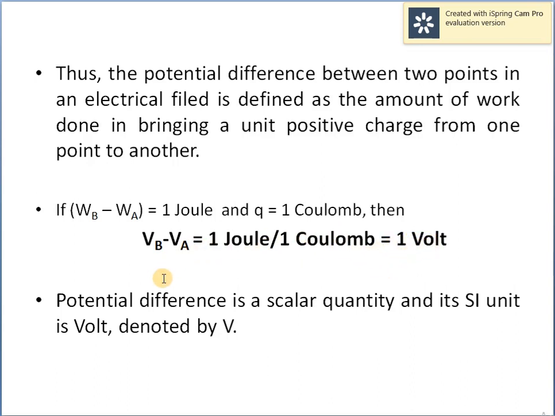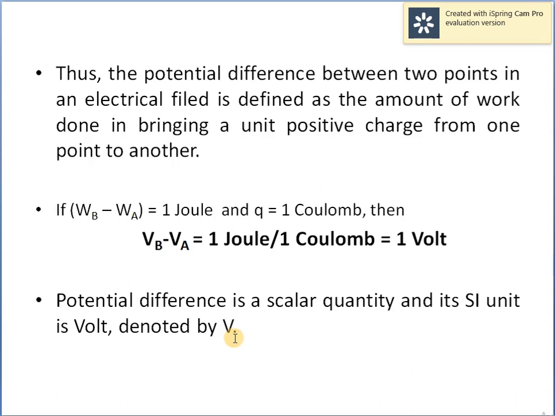So the potential difference is also a scalar quantity, and its SI unit is volt, denoted by V. We can see that the potential as well as potential difference both have the same SI unit, and both of them are scalar quantities.